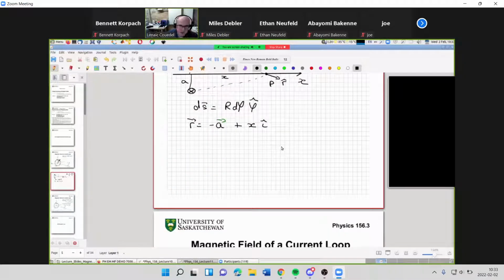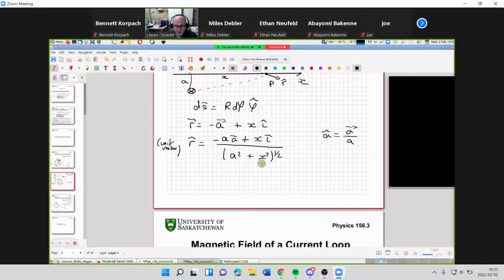So I can use this to define my r hat, which is a unit vector. That would be minus a hat, so a hat is just A divided by a, plus x i hat, divided by a square plus x square to the power 1/2.